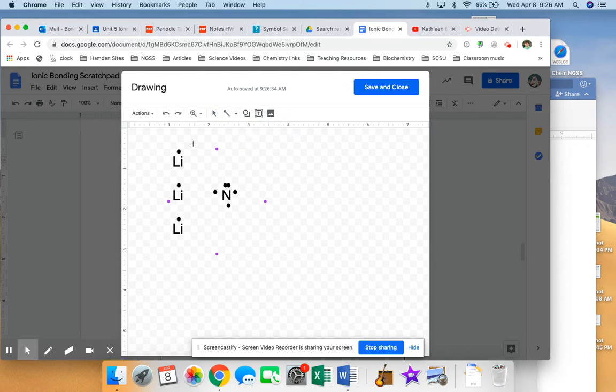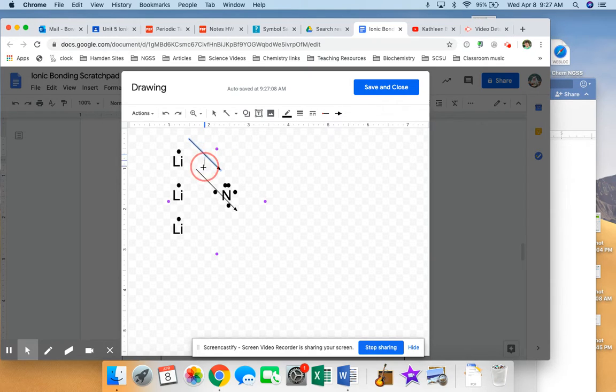So now we're going to draw an arrow from here to here. Oh, we don't want an arrow connector. Never mind. We're going to delete that one. We want an arrow from here to here.